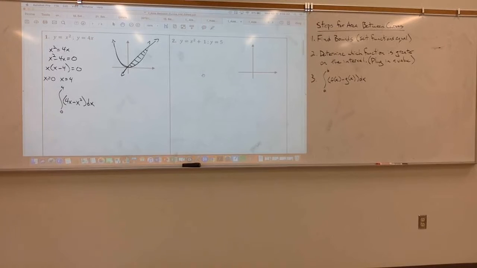Yeah, you can plug it into the calculator. So are we always gonna. What's that?